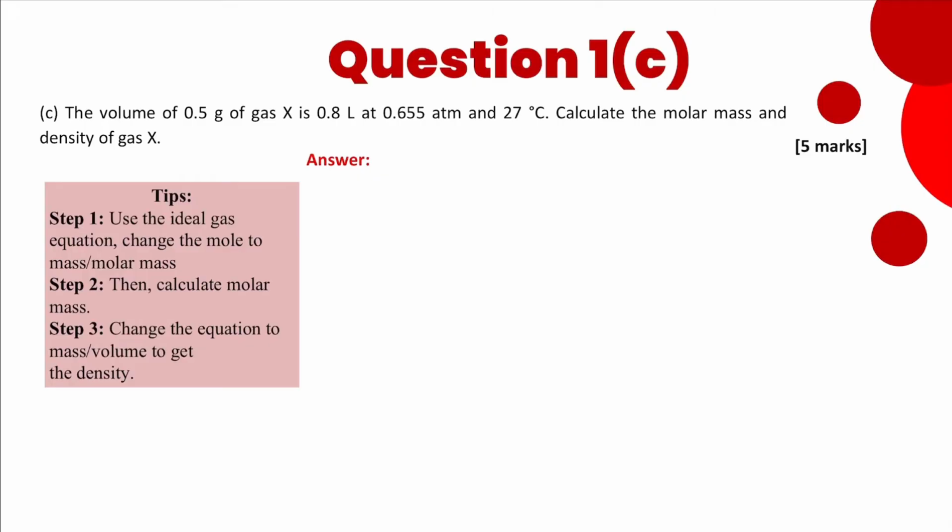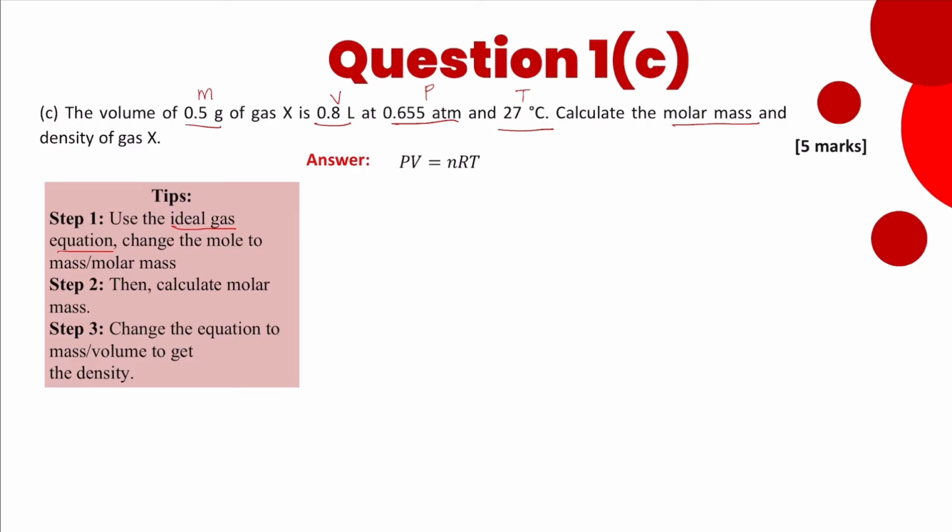Calculate the molar mass and density of gas X. Here you are given the mass, the volume, the pressure, and the temperature. And you need to find molar mass. So the first thing that you need to do is write the ideal gas equation as stated in the tips here, which is PV equals nRT.